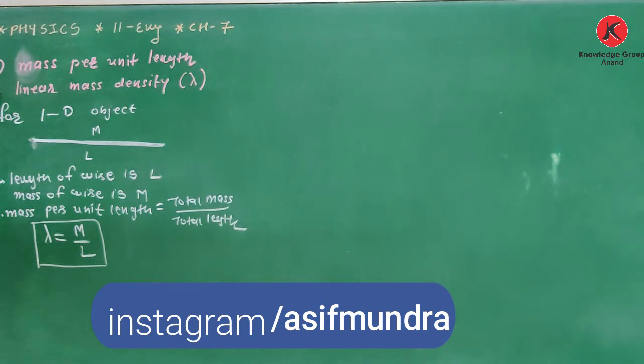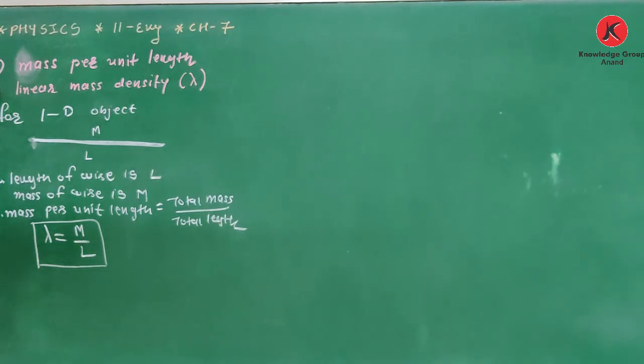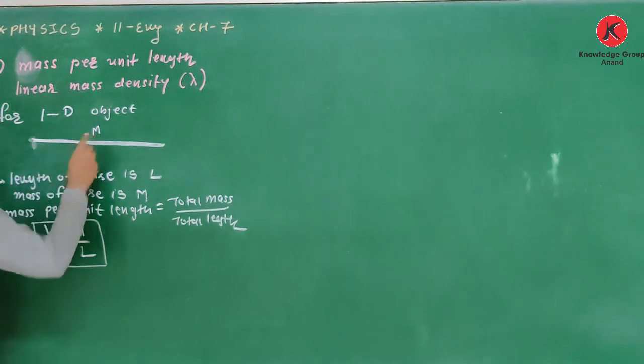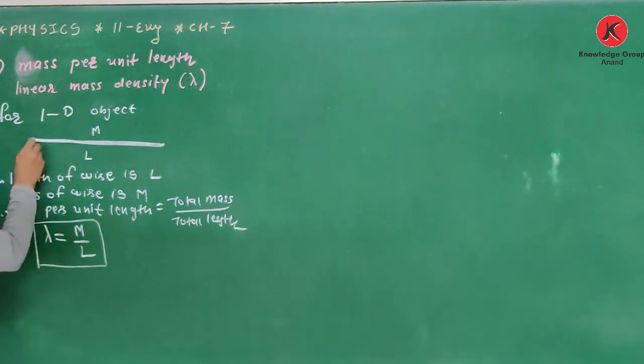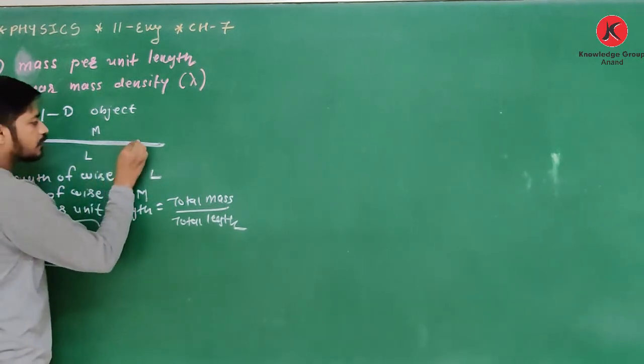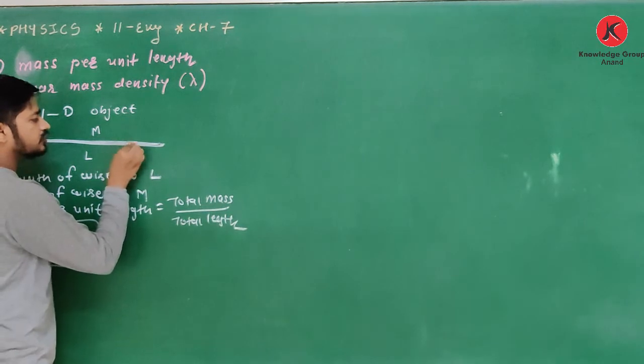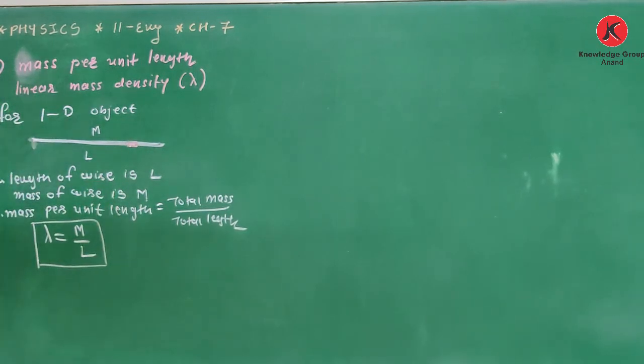Now what is the use of this linear mass density? This M is the mass for the total length L. If I give you one question: what is the mass of only this small element?